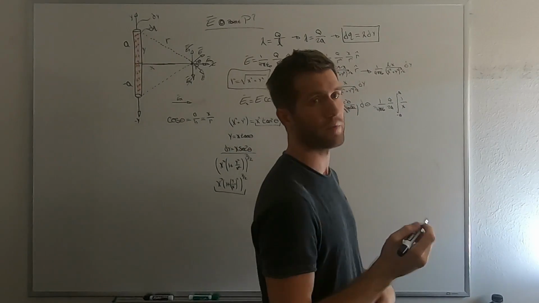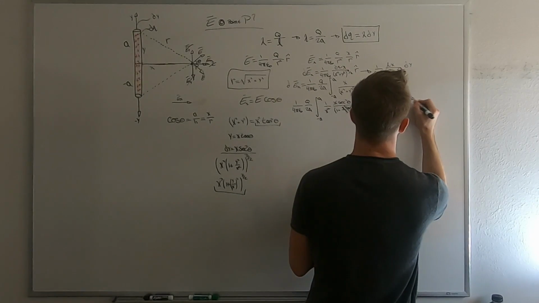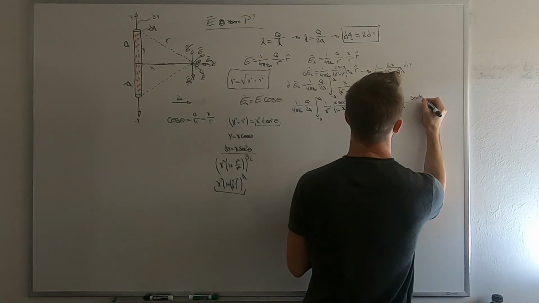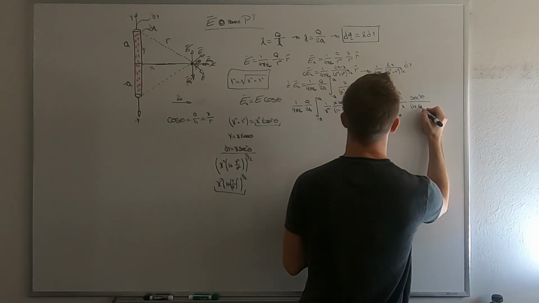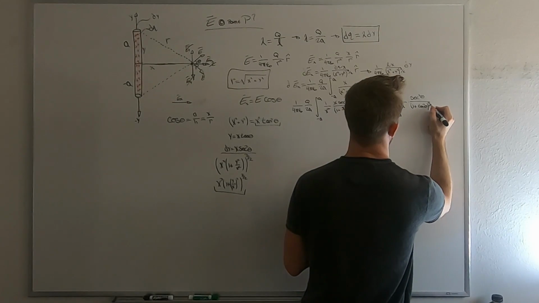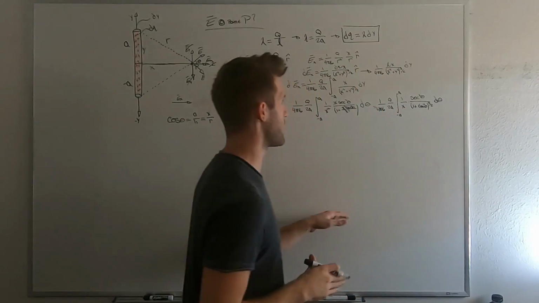So we'll just write 1 over x times secant squared theta all over 1 plus tangent squared theta, and that is to the 3 halves d theta. Okay, so we're getting there.